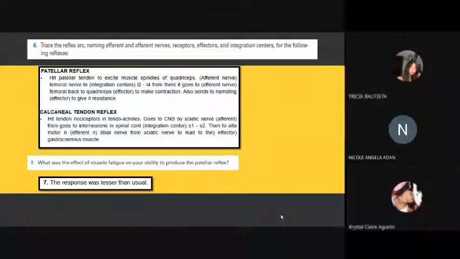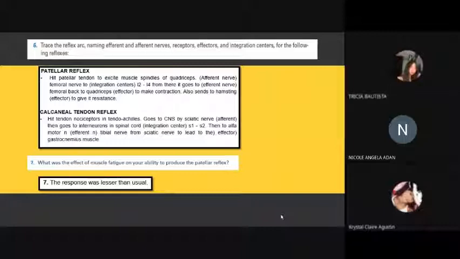From there, it goes to efferent nerve, femoral, back to quadriceps. Effector to make contraction.